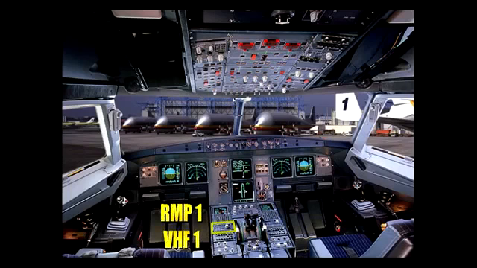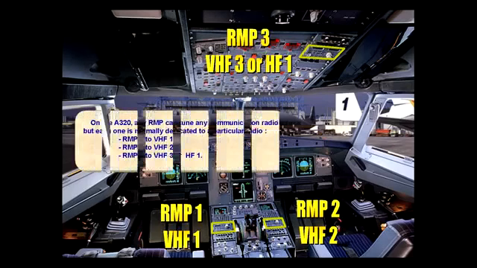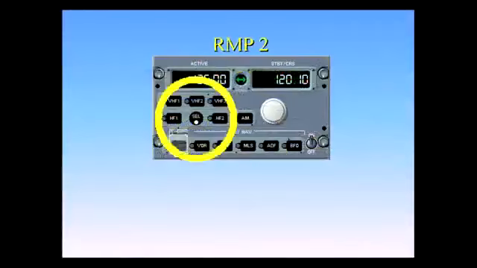RMP1 to VHF1, RMP2 to VHF2, RMP3 to VHF3 or HF1. The SEL, or select light, illuminates white when a pilot selects a radio on an RMP which is not dedicated to that RMP. This will be explained in more detail in the normal operation module.